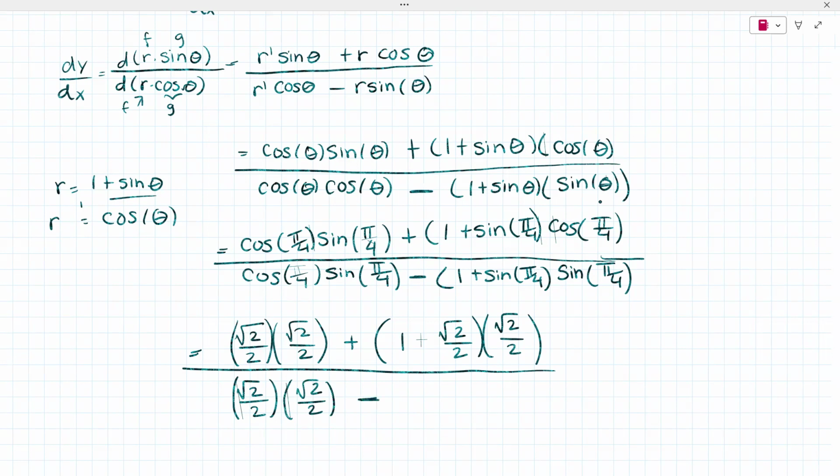Minus 1 plus sine of pi over 4 is radical 2 over 2. And then sine of pi over 4 is radical 2 over 2.